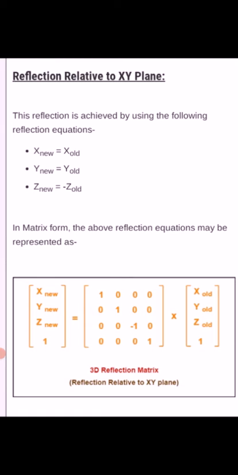That is, x new and y new are equal to x old and y old. There is no change in x and y coordinates. And the next coordinate, that is the z coordinate, z new equals minus z old. That is the difference. And we can represent it in matrix form.